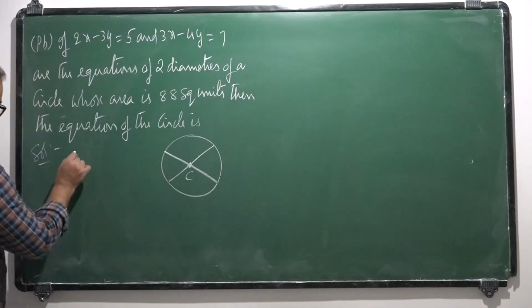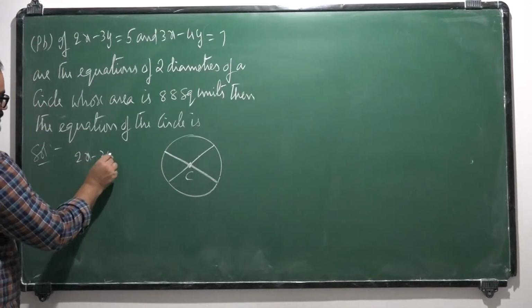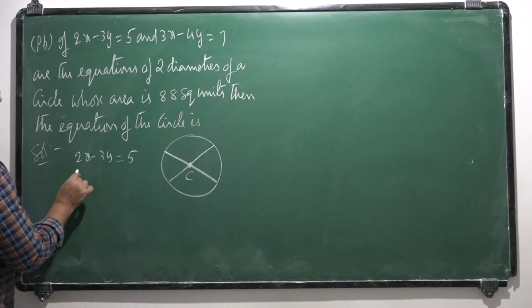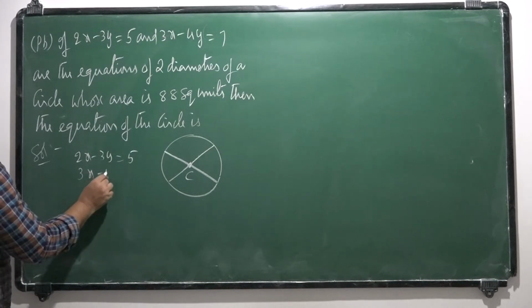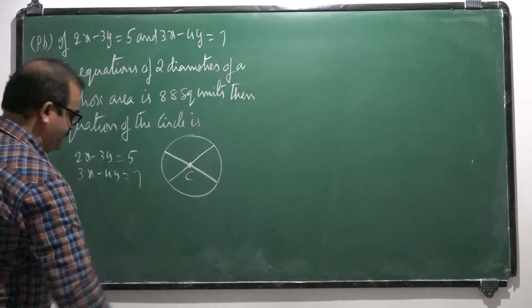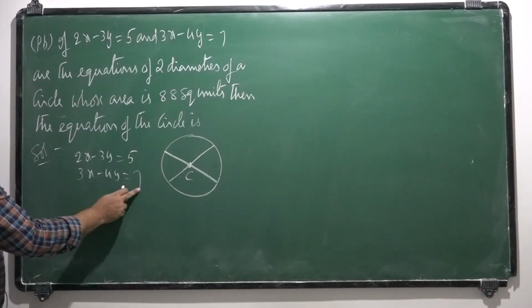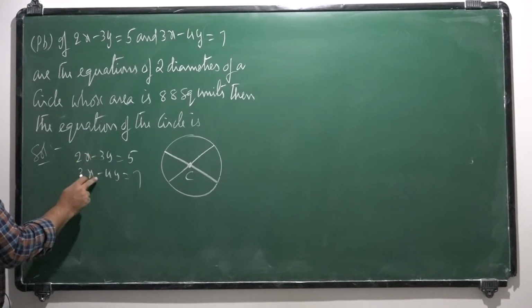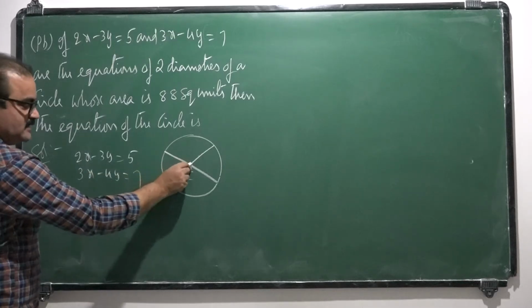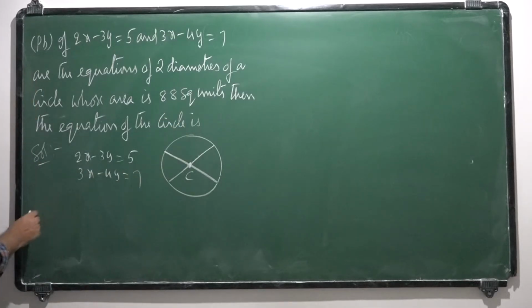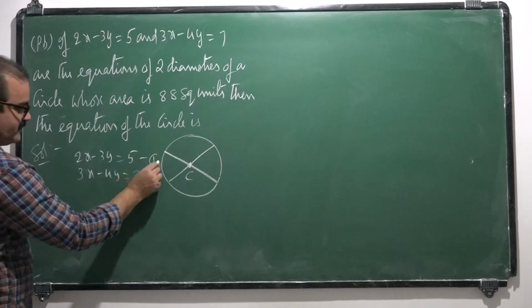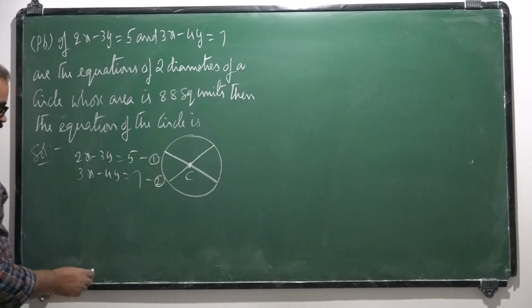What are the given diameters? 2x minus 3y is equal to 5. 3x minus 4y is equal to 7. Solving these two equations, the point of intersection of these two diameters is the center. On solving, let it be equation 1, let it be equation 2.